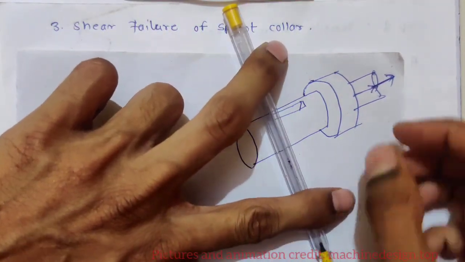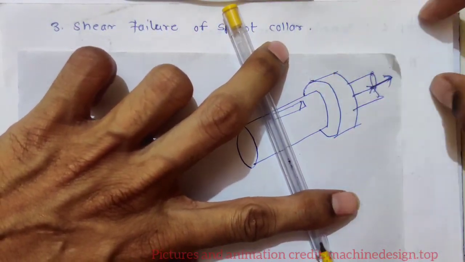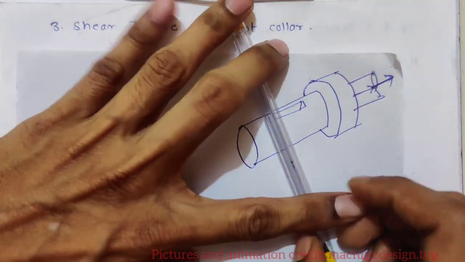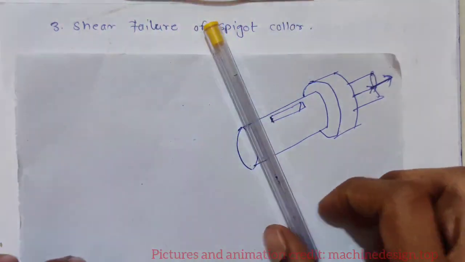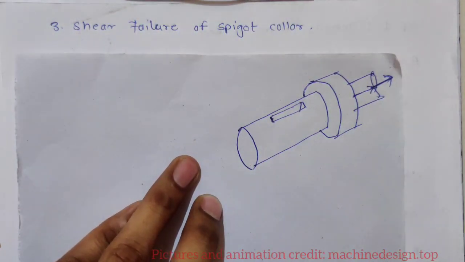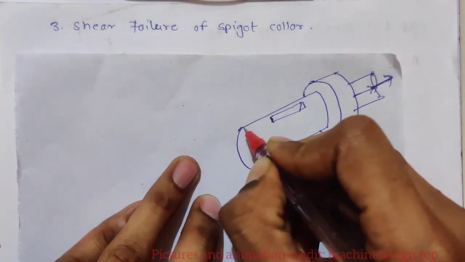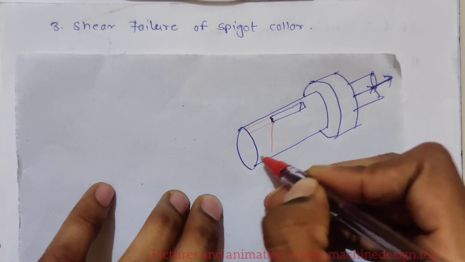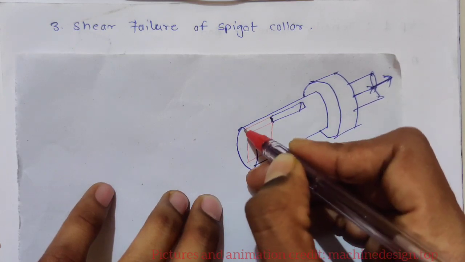We are pulling the spigot in this side, and we are pulling this cotter this side. So because of this cotter, what will happen? This whole area, see this area, this whole strip from here, it will come out.